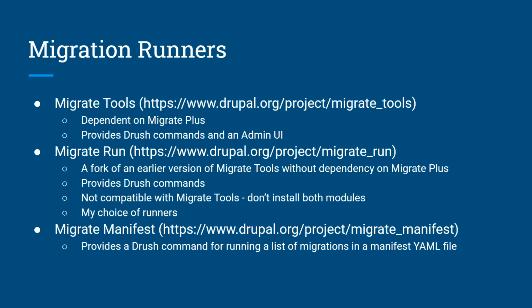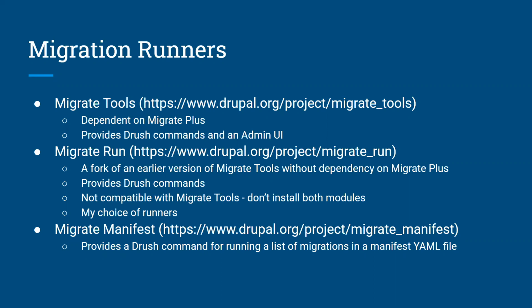The other migration runner that I have used, but don't use most of the time, is Migrate Manifest. And it's very handy because you can write a YAML file that contains a list of migrations that you want to run, and then tell it, okay, execute this manifest, and it will do all of those migrations in order for you.